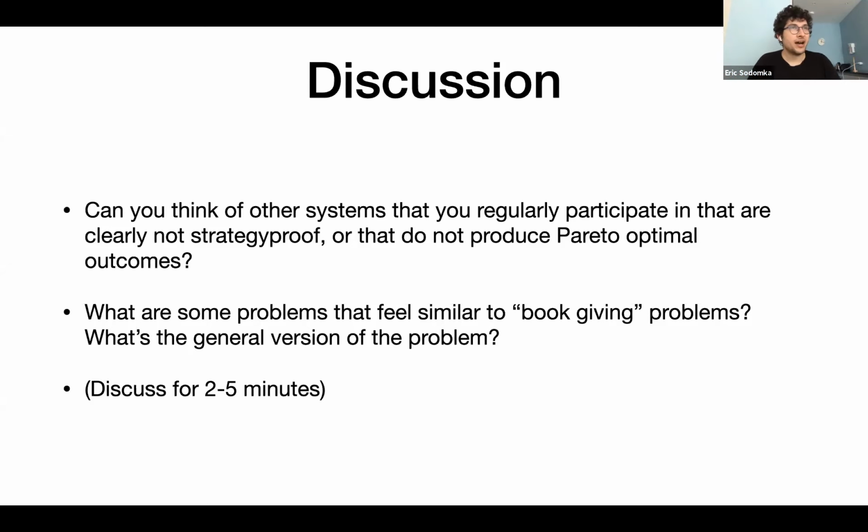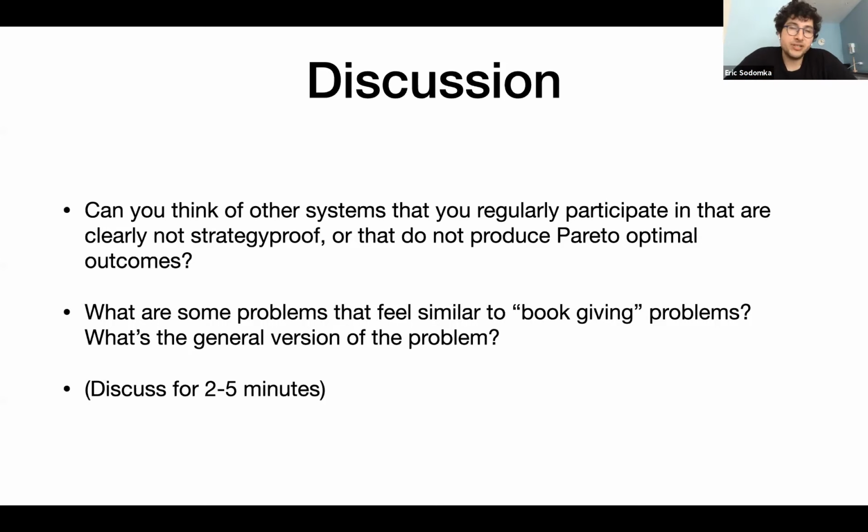Some version of this is used to decide what doctors get allocated to which hospitals. But they're slightly different because now doctors have preferences over hospitals, but maybe hospitals also have preferences over doctors. This could be students to universities. Again, universities might have preferences over students.